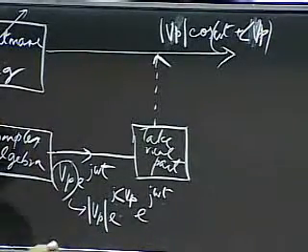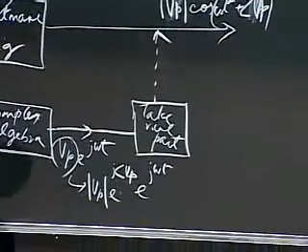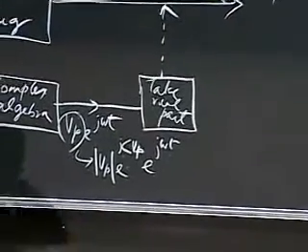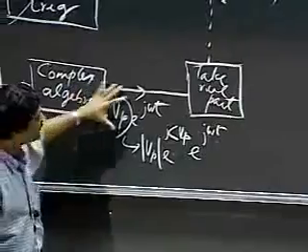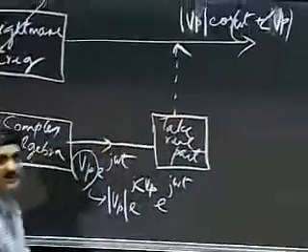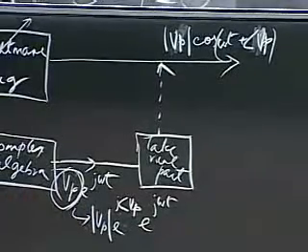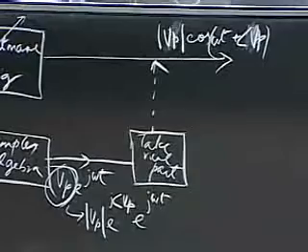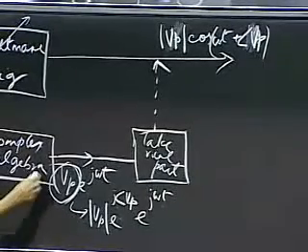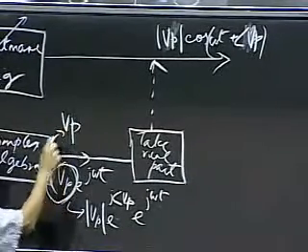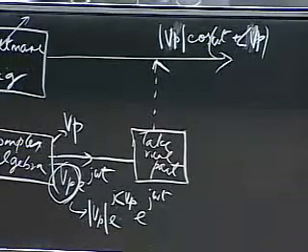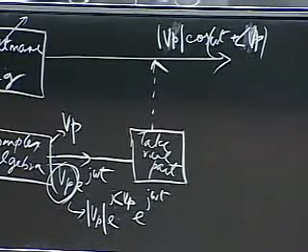The cool thing to notice was that once I found out this response here, I could immediately write down the output based on Vp. Okay, so in other words, once I had Vp, I could stop right there in my math. Okay, I got Vp very quickly here. This step produced Vp very quickly. Okay, after two algebraic steps.